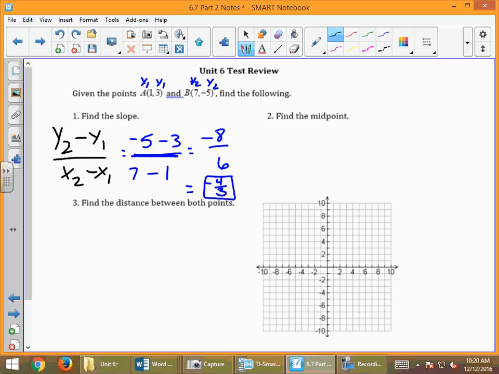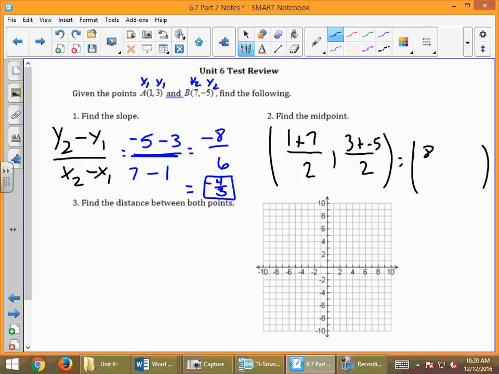How do we find the midpoint? Yeah, very good. Add your x's, divide by 2. Add your y's, divide by 2. Clean it up. What's 1 plus 7? 8. Over 2.